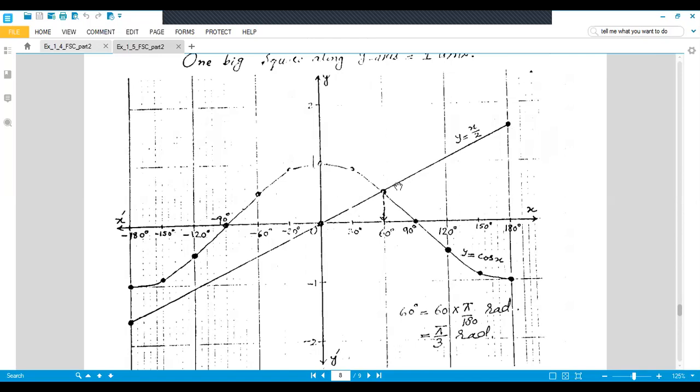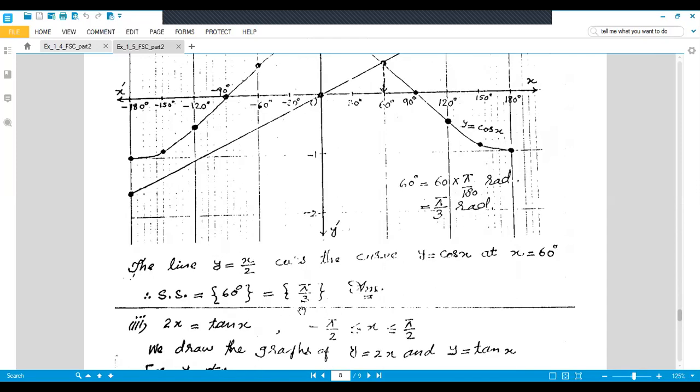In this one, it is only passing through the point at 60 degrees. So how do you convert 60 degrees to radians? 60 multiplied by pi over 180 is pi by 3 radian. So the solution set is pi by 3.